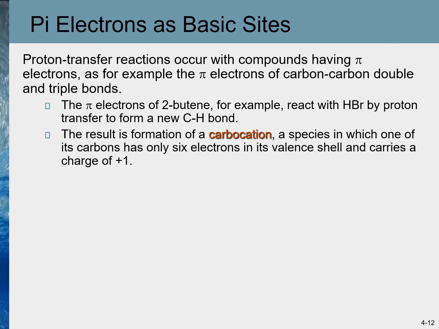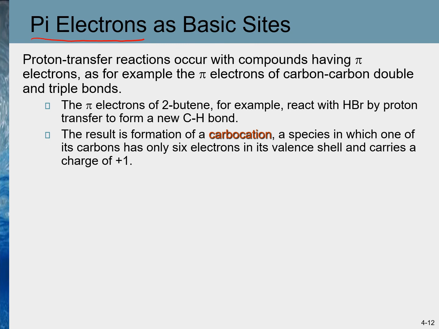So far we have considered proton transfer to atoms which have a lone pair of electrons such as oxygen or nitrogen. Proton transfer reaction can also occur with compounds containing pi electrons. The examples of such compounds are alkenes and alkynes.